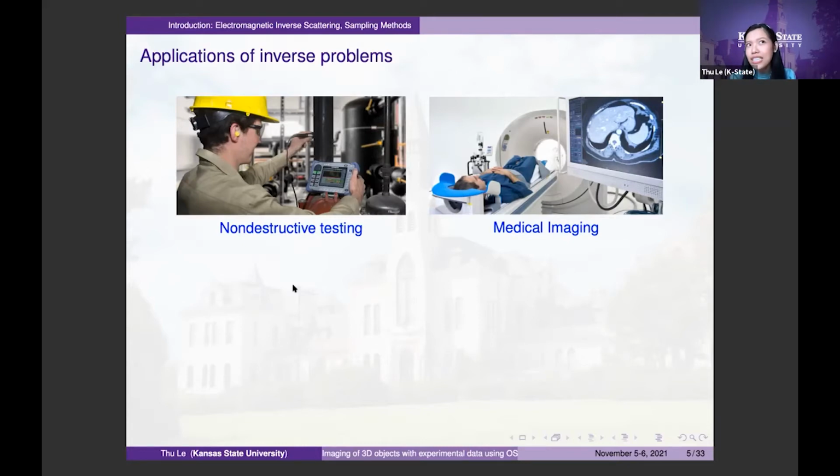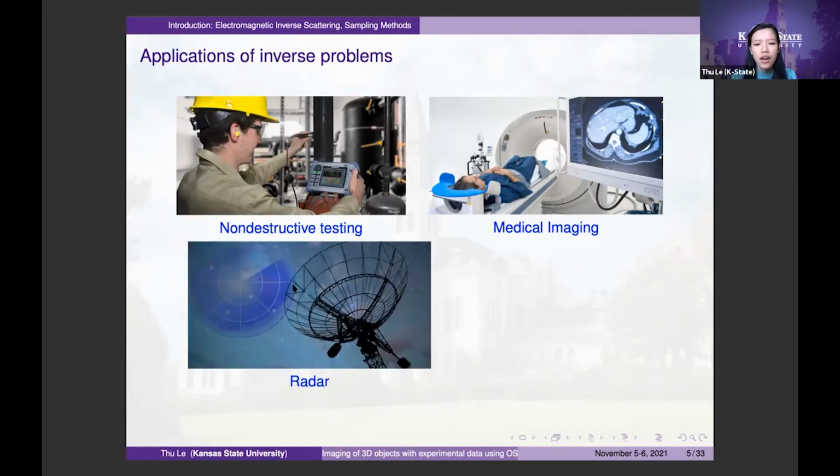So yes, breast cancer, they can study that using inverse problems. Another application is radar, where the inverse problem can be used to detect aircraft, spacecraft, ships, motor vehicles, or weather formations.